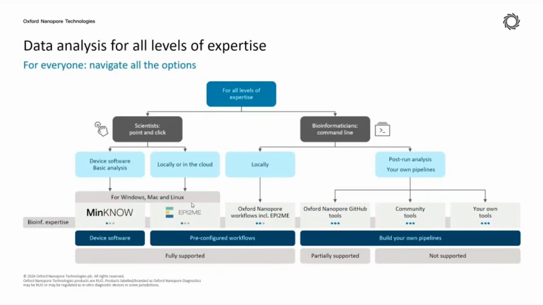These two software are provided directly from ONT. The MinKNOW software is the device control software, which we normally use to control or monitor the sequencing runs. And the EPI2ME software is the one that helps us do the data analysis. EPI2ME comes with pre-configured workflows shared by ONT, and these workflows together with the software are fully supported by ONT.